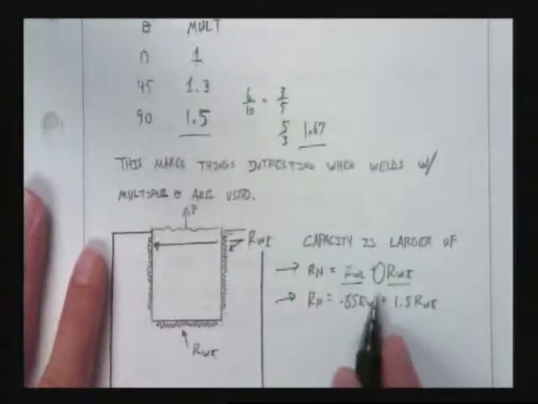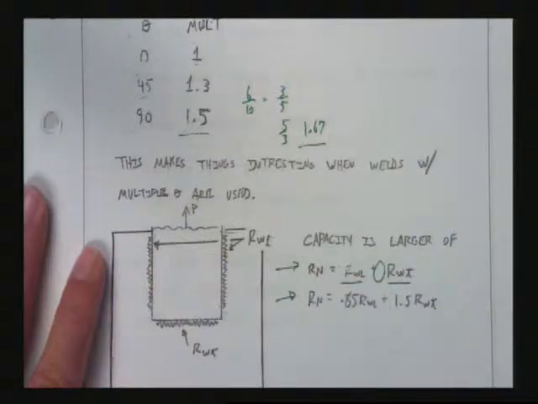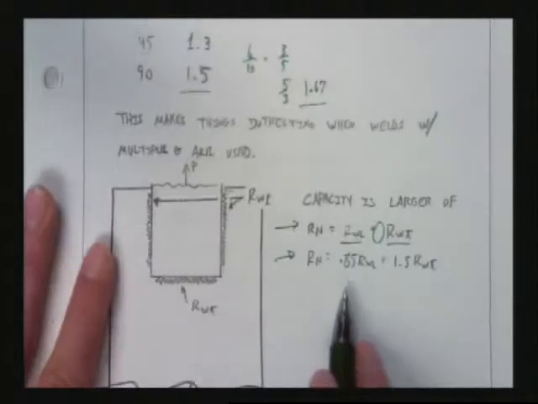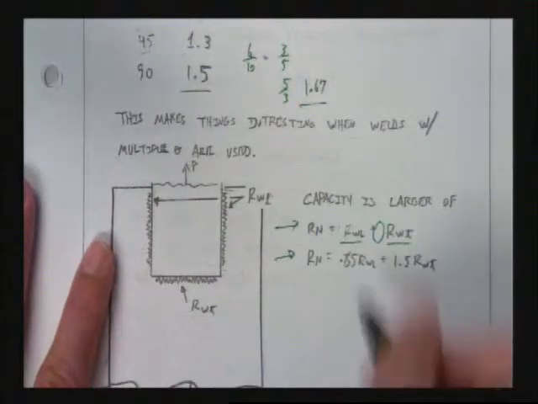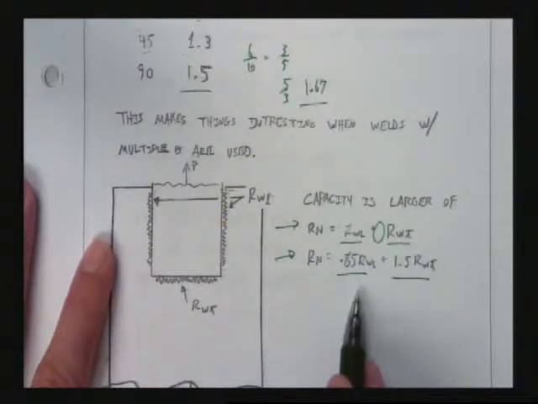And the reason why they allow this is because that's the way they always did it. They always assumed that welds in tension had the same capacity as welds in shear, because it was just easier. You multiply the length of your weld and you're done. But then they said, if you want to take this into account, we're not going to let you have the full capacity of it in shear if you're going to take the breaking capacity in tension, and that goes back to some of the things we talked about with block shear.